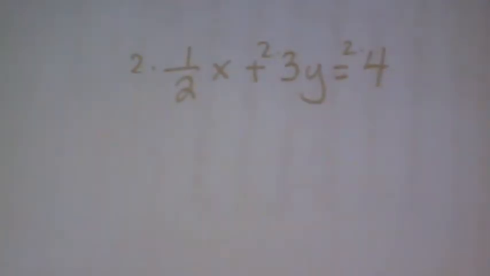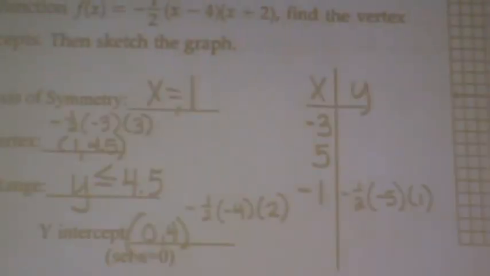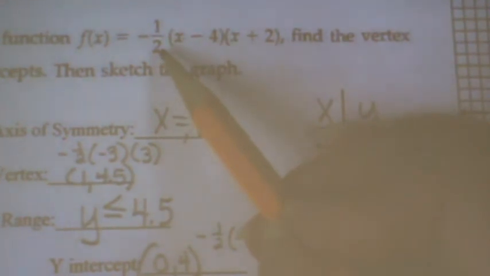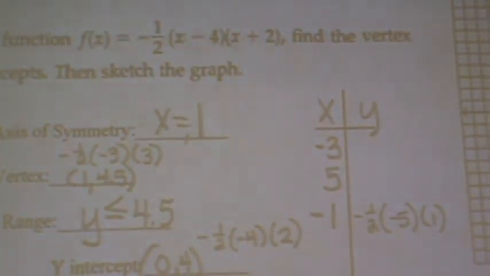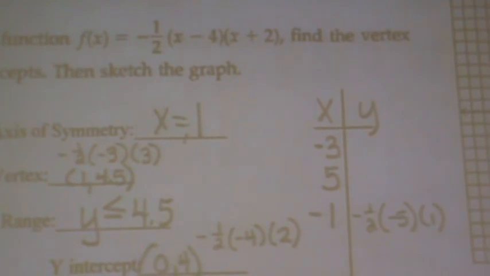Oh, yeah, that's something different. What that 1/2 tells you, not the negative, but the 1/2, says it's a vertical compression by 1/2. Your graph is wider.